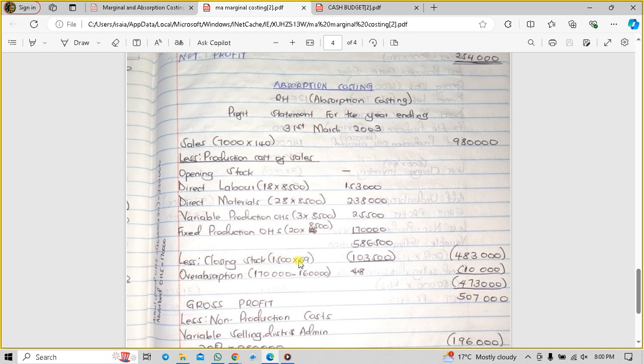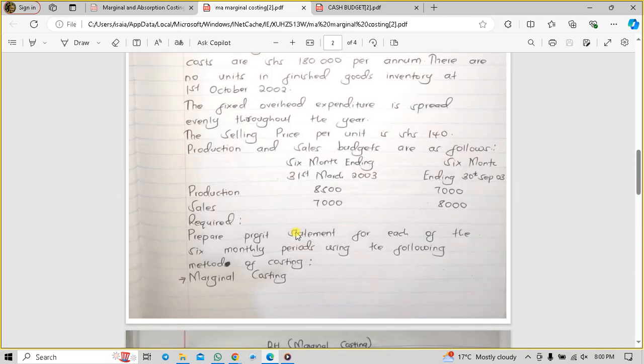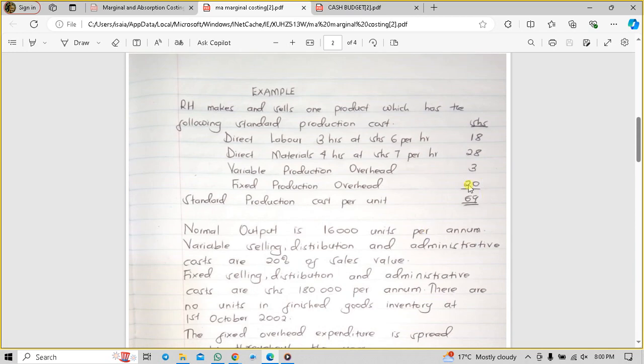The only difference is that here we are going to multiply by 69. For marginal costing, we were using 49 for the closing stock, but here we are using 69. So we add 18 plus 28 plus 3 is 49, then plus the fixed production overheads, which is 20, gives 69.